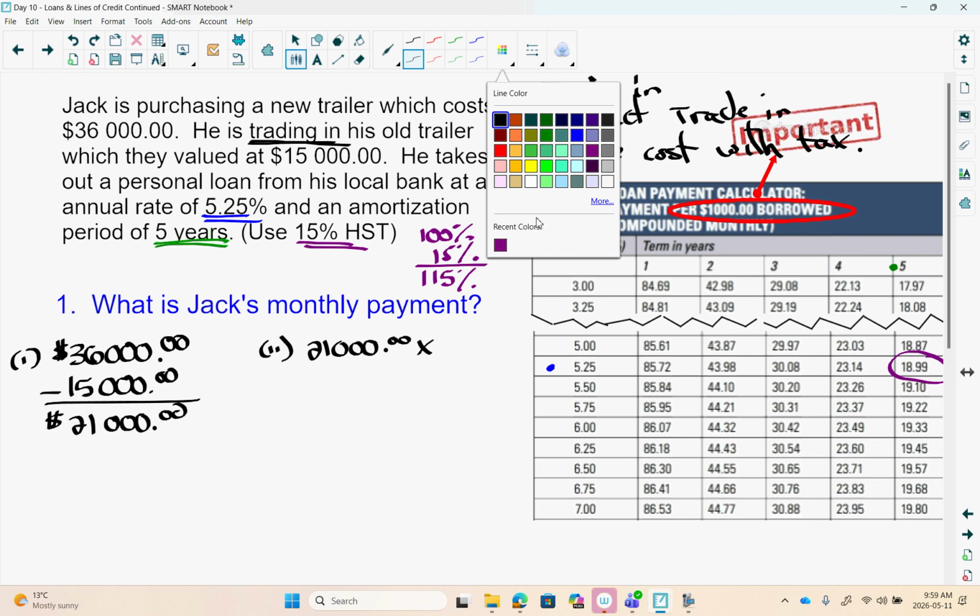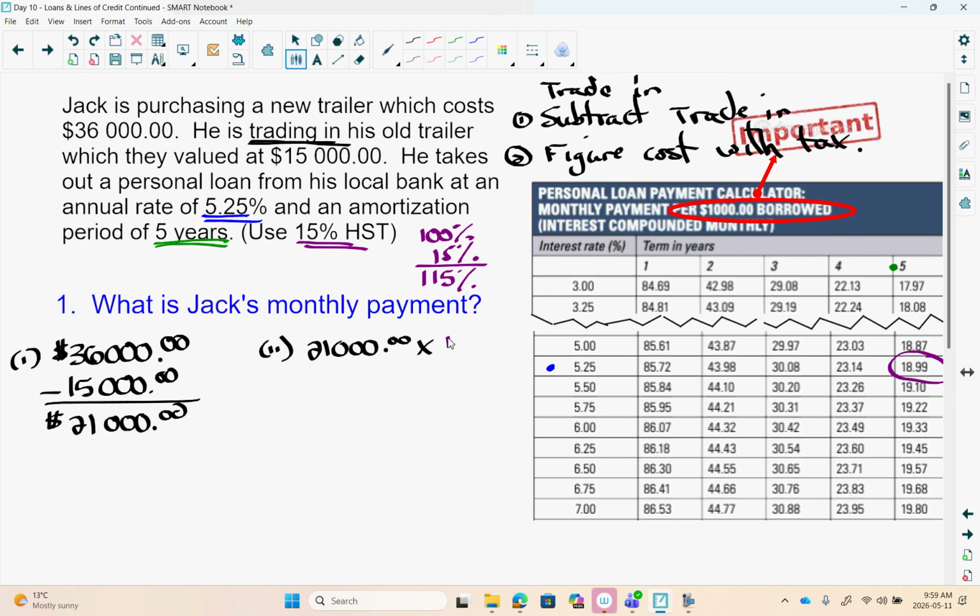So I'm going to multiply $21,000 by 1.15, and this would tell me 21,000 times 1.15. I end up with $24,150. That's how much your boy Jack needs to borrow.